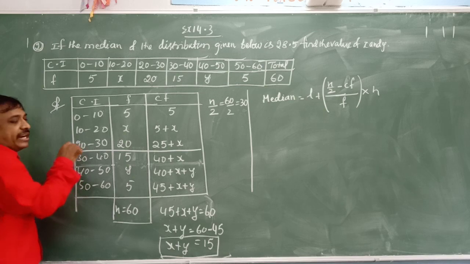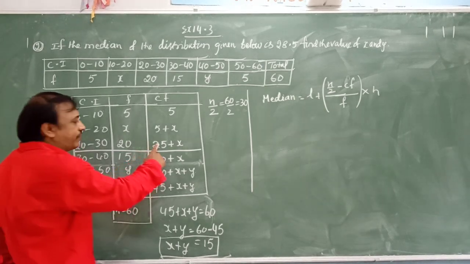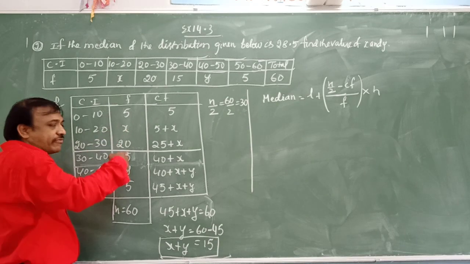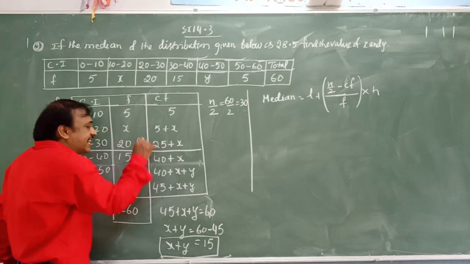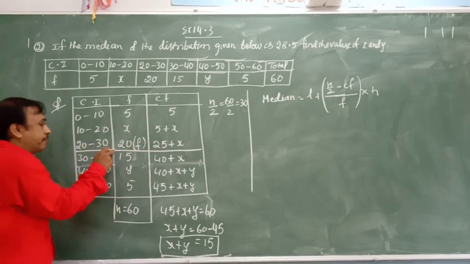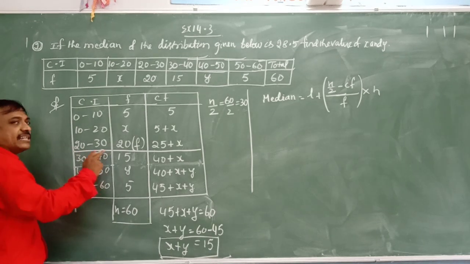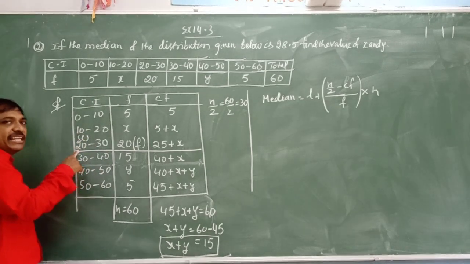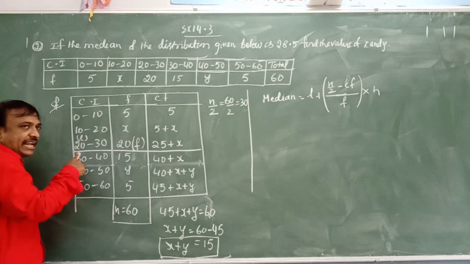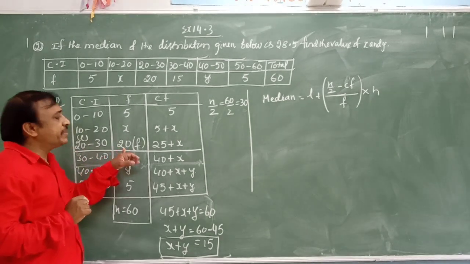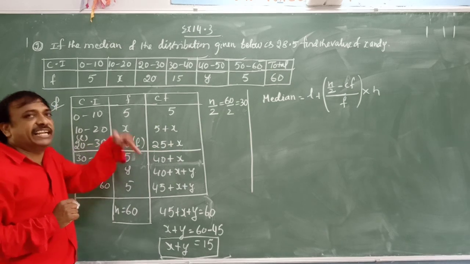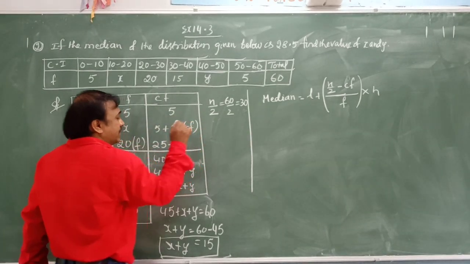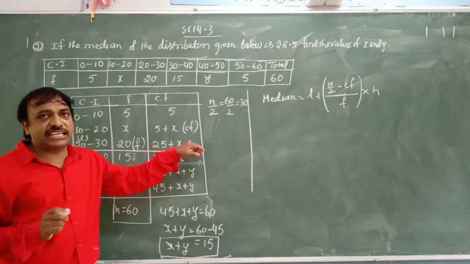You underline this, 25 plus x. The frequency in that row is the f value, and the median class is 20 to 30. The lower limit is L, and f is 20, and the cumulative frequency preceding this is CF.